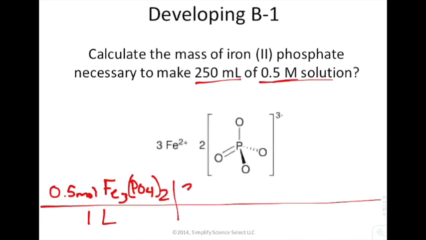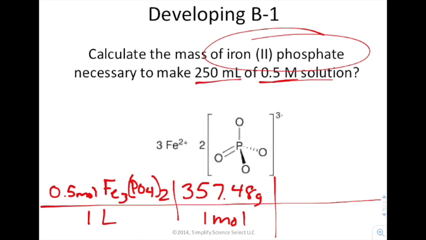So you have 357.48 grams is 1 mole. And you should have gotten that by saying, okay, iron(II) phosphate is this. What's the molar mass of that? 3 irons plus 2 phosphorus plus 8 oxygens gives you 357.48.